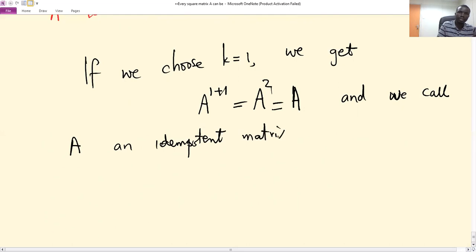So idempotent is a special case of a periodic matrix.